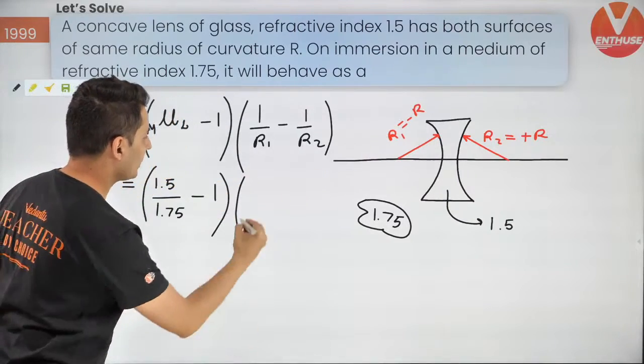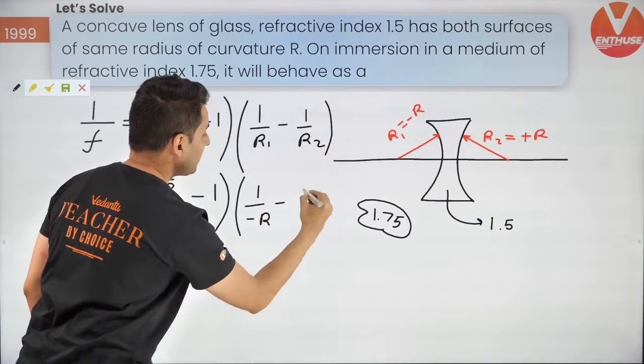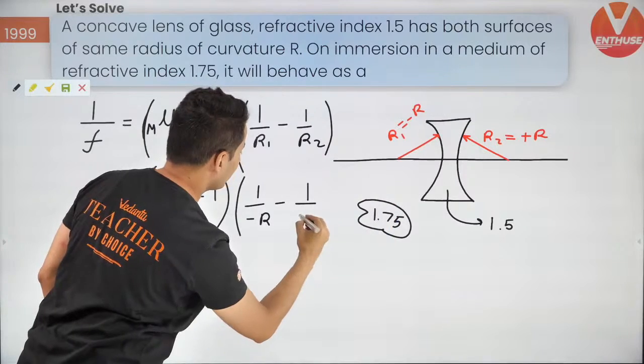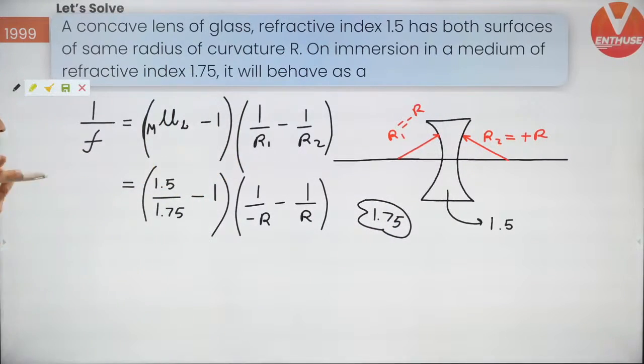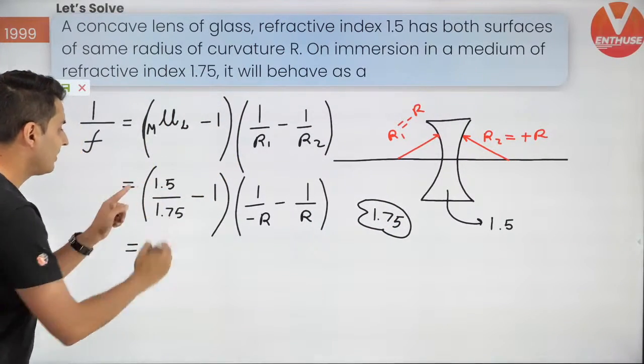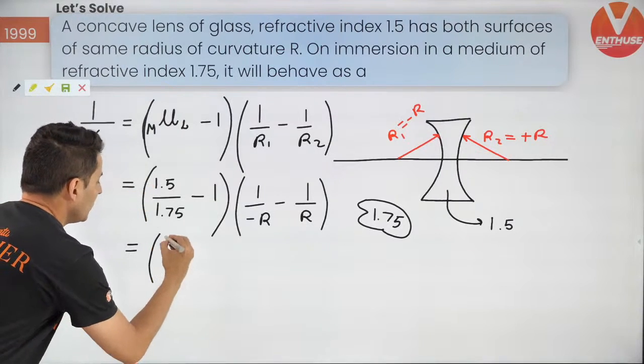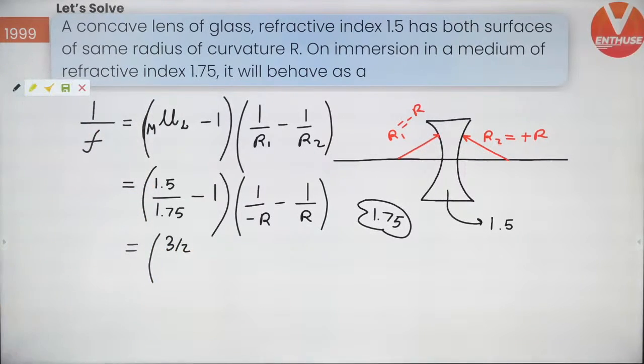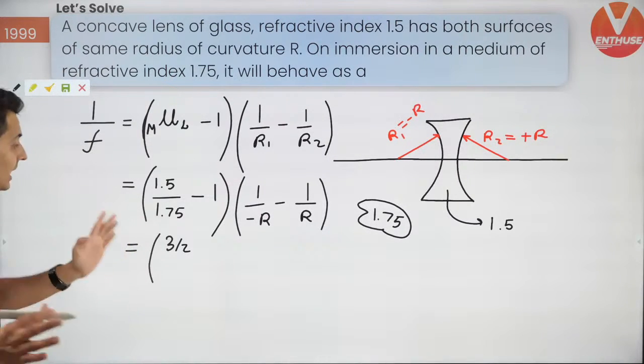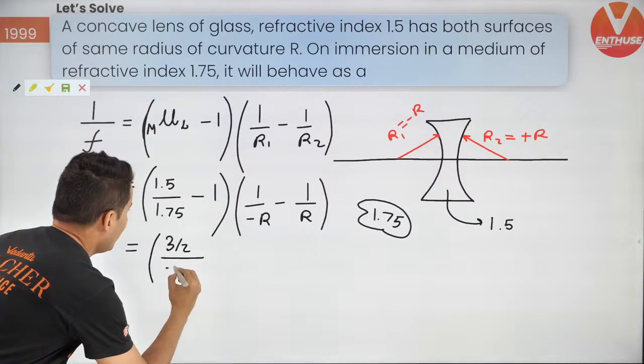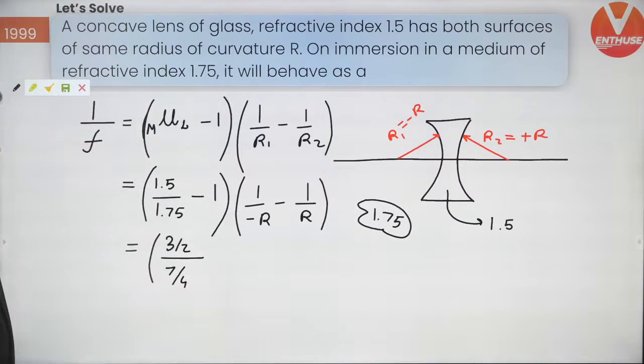What is 1 by R1 over here? It is 1 by minus R minus 1 by R2. What is R2? It is plus R. I hope this is clear. Now 1.5 is nothing but 3 by 2, and 1.75 is nothing but 7 by 4, I believe. Just check this out.